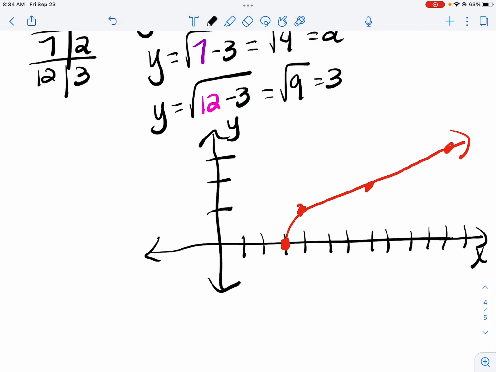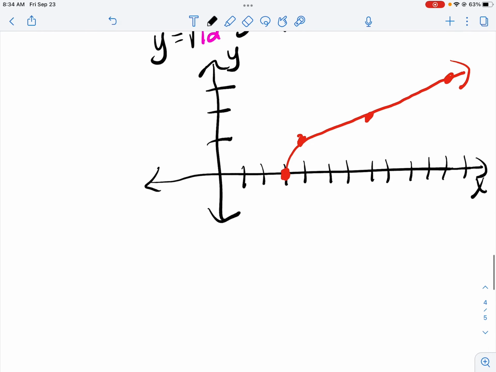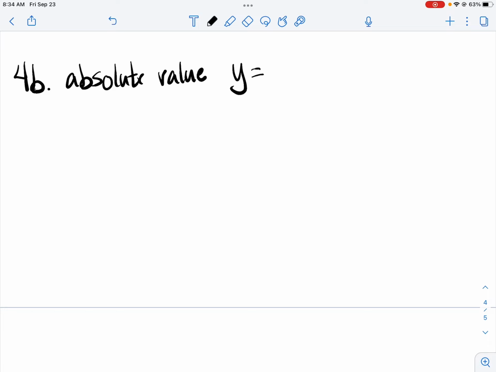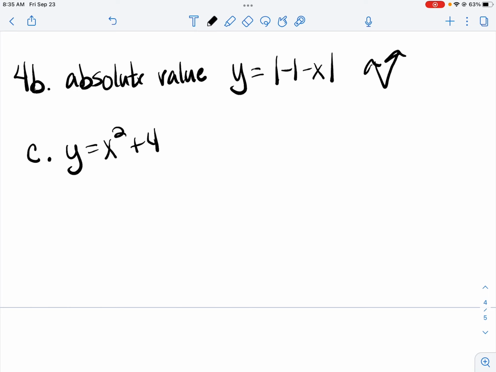You would do the same thing from that worksheet for parts B and C. Part B, by the way, with that absolute value, you end up with a V shape for the graph. And part C, with the squared, you end up with a parabola.